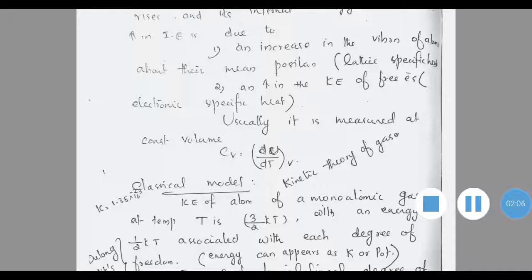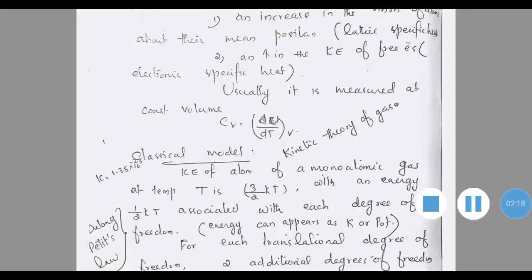According to the kinetic theory of gases for monatomic gases, at a temperature T, the kinetic energy is given by 3/2 kT, where k is the Boltzmann constant, with a value of 1.38 x 10^-23 joule per Kelvin.